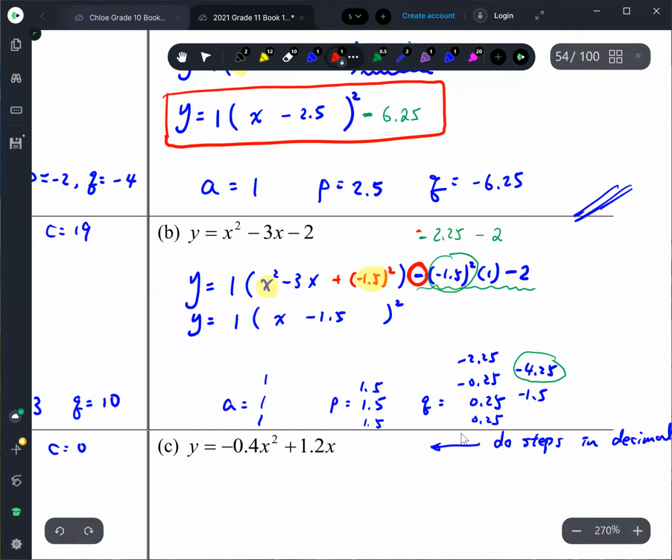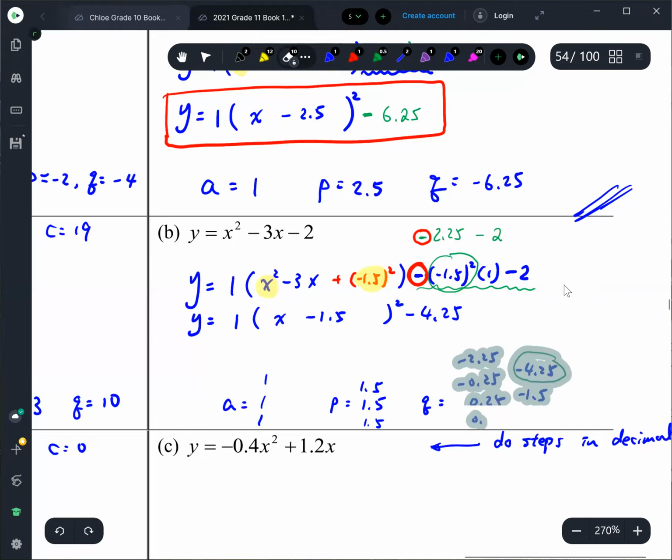It stays there. The square does not make it disappear. Negative 2.25 subtract 2 will give you negative 4.25. So be careful on this part.